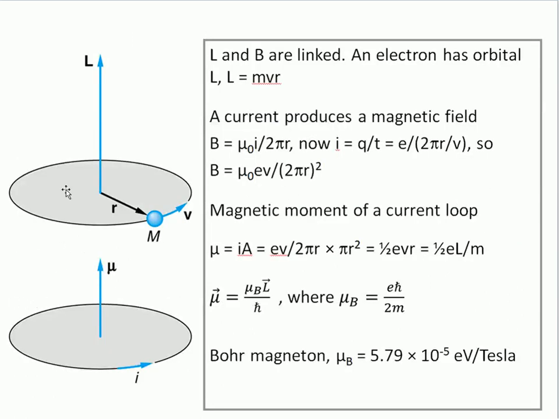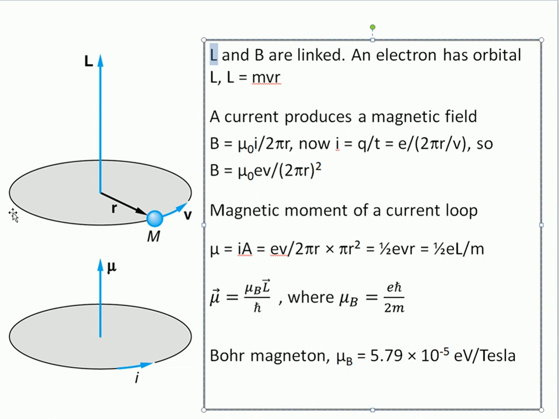Okay? So here's a picture of an electron going around in a circle, in a planar circle. And one of the first things we know about something like that is that it will have orbital angular momentum. Orbital angular momentum is given by the letter L in this textbook.